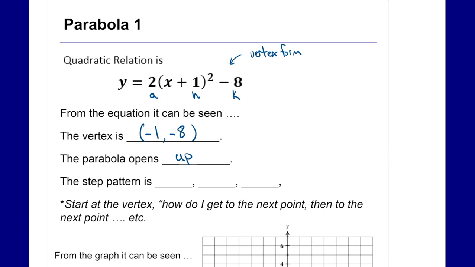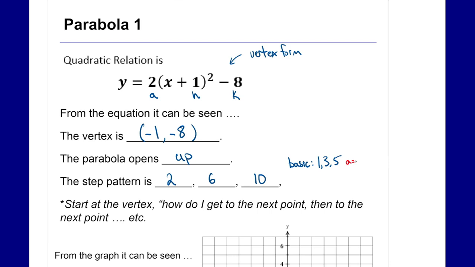And our step pattern: we take our basic pattern, the 1, 3, 5, and we multiply everything by 2 because of that a value of 2. So that means our step pattern is going to be 2, 6, and 10.